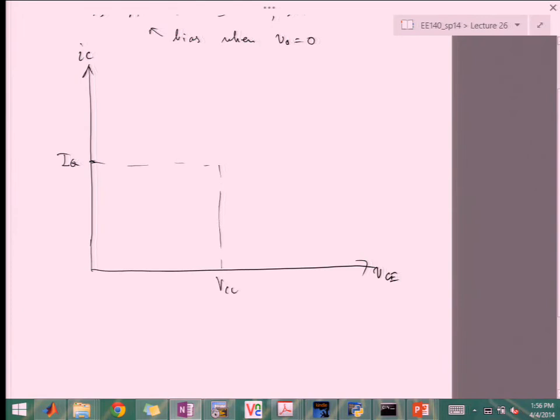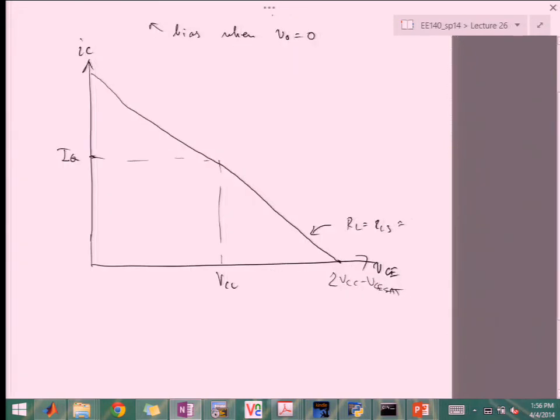So we said that our optimal load line would look something like this, that goes to 2 VCC minus VC sat. And this would be our RL equals RL3, which is approximately VCC over IQ.